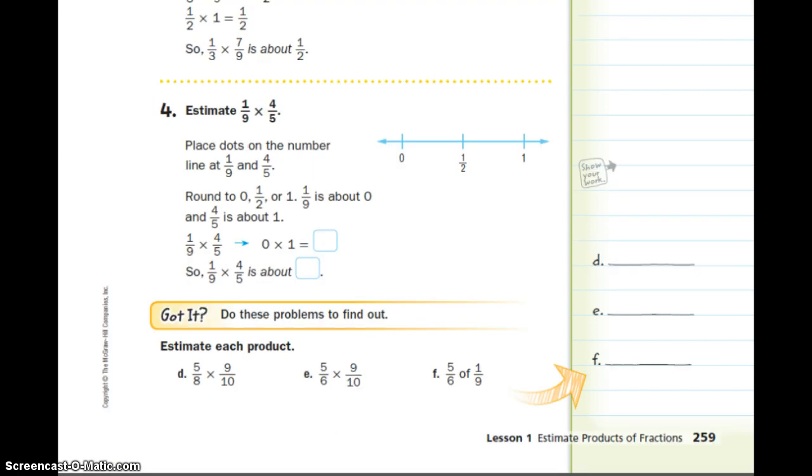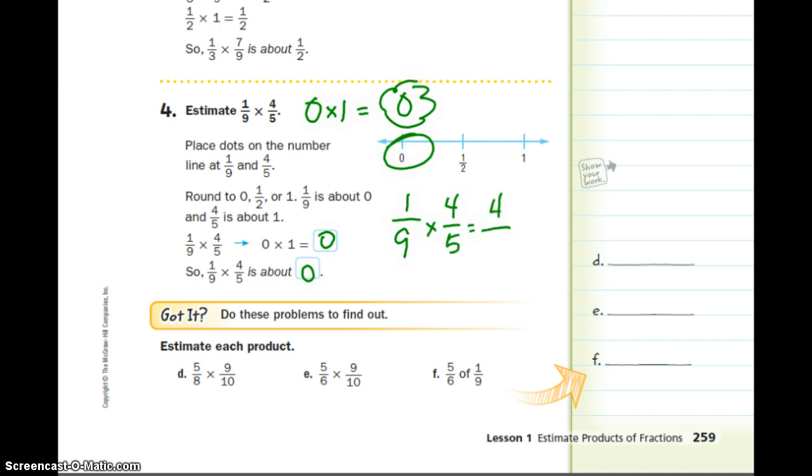In example number 4, I have 1/9 times 4/5. 1/9 is close to 0, and 4/5 is close to 1, but anything multiplied by 0 is going to get us 0. So I know that my answer is going to be somewhere very, very close to that. So again, we know that this answer is about 0. Let's look at the math of it and see what we get.